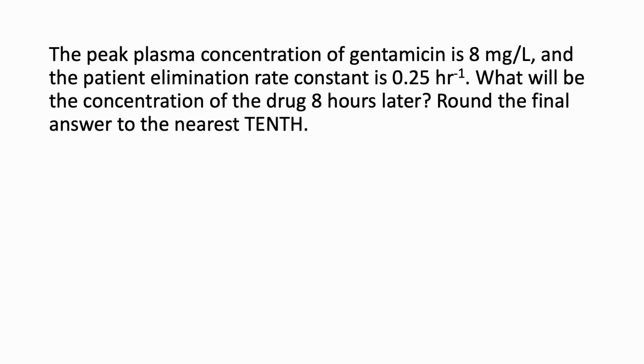In this question, you are asked to predict the concentration of gentamicin 8 hours after the peak. Because you know from the unit that gentamicin follows first order elimination, we can use the equation CPT is equal to CP0 exponential minus KT to predict the concentration of the drug after 8 hours.